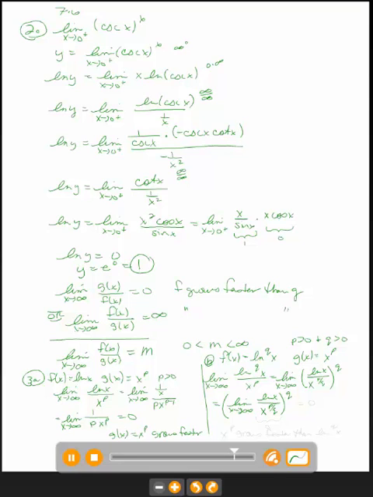But we already know from part A that the natural log function grows slower than any x to a positive power. Now, since p and q are both positive, this is going to be a positive power, so this little guy is going to go to 0, by part A, and 0 to the q is just going to be 0. So this whole limit is going to be 0.